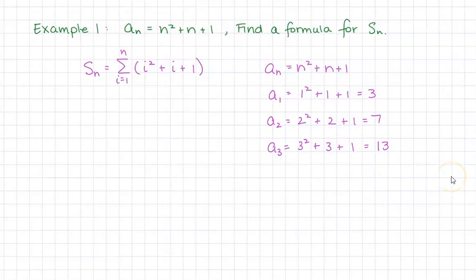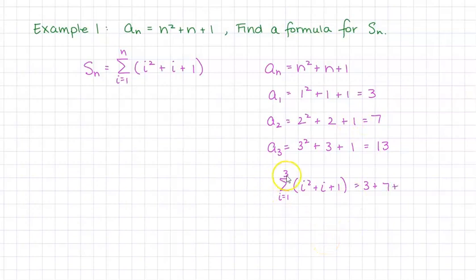But then the summation as i goes from 1 to 3, let's just say I stopped at 3, of this guy right here, which is the same exact one I have here, I'm going to let i equal 1. 1 squared plus 1 plus 1 is 3. Then I let i equal 2, and I'm going to work out 2 squared plus 2 plus 1, which is 7.